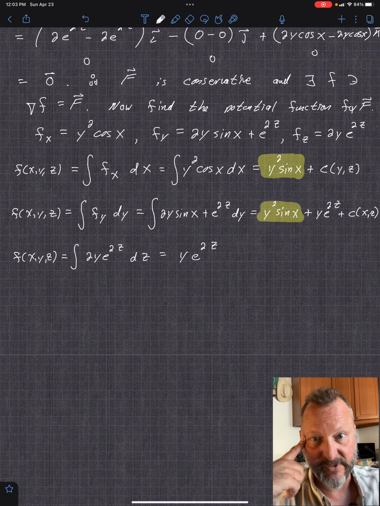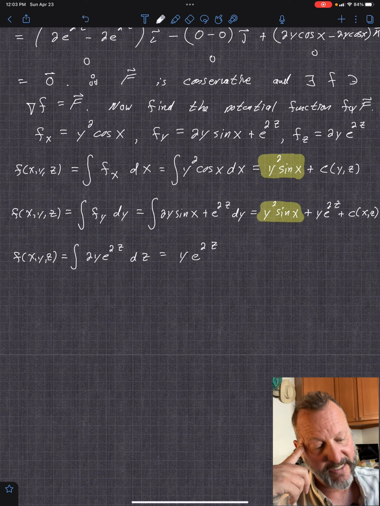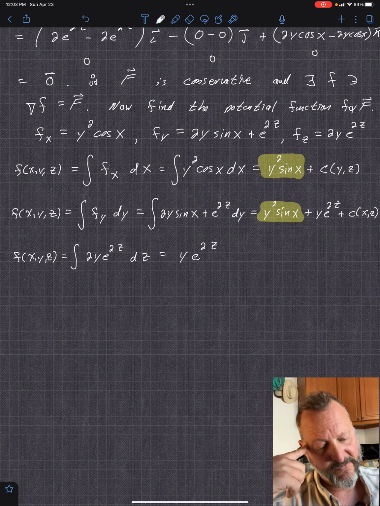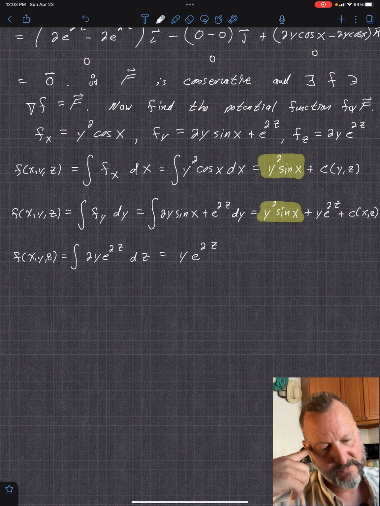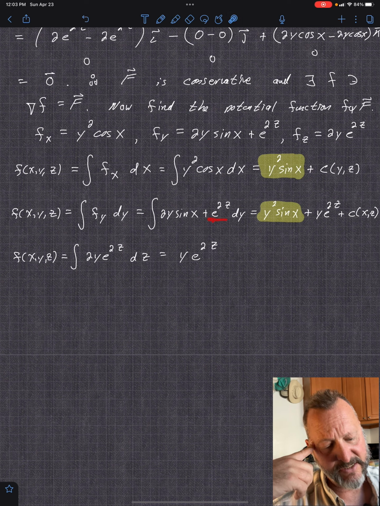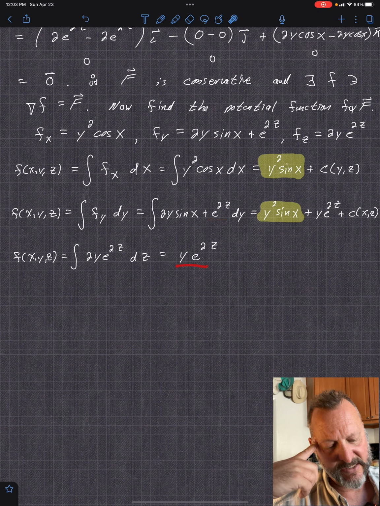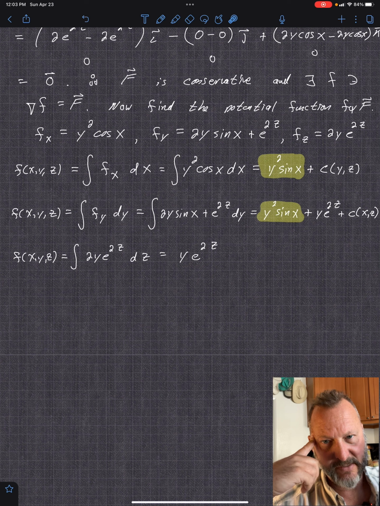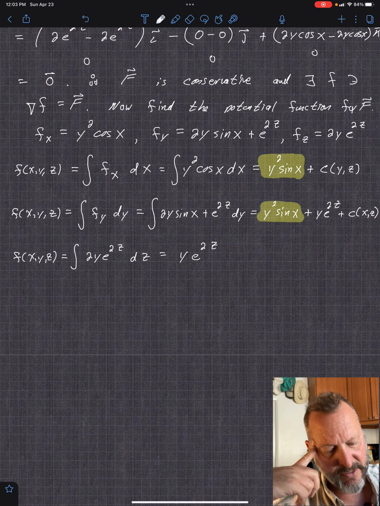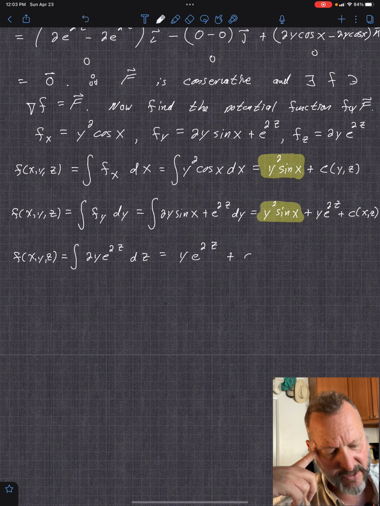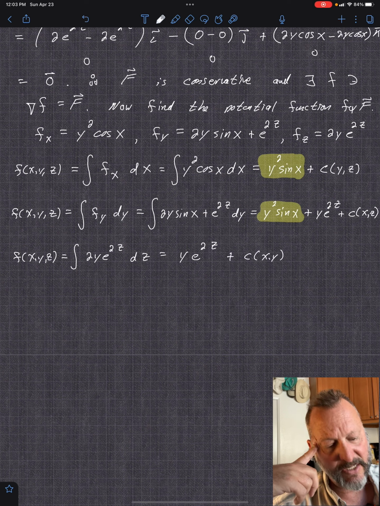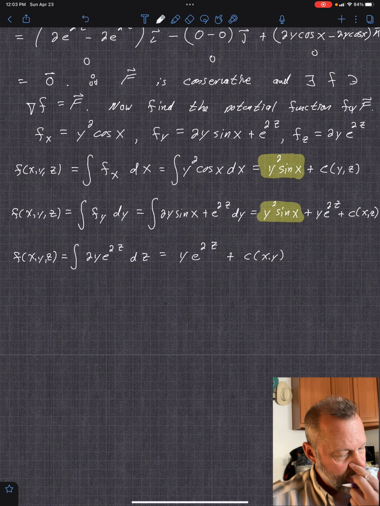No, that's it. It's that 2 because you're doing the partial with respect to z. Before, if this is just a constant, you get y back with respect to y. Since this is with respect to z, you have to do that chain rule on the 2z. So this is it. Then that's some function of x, y.